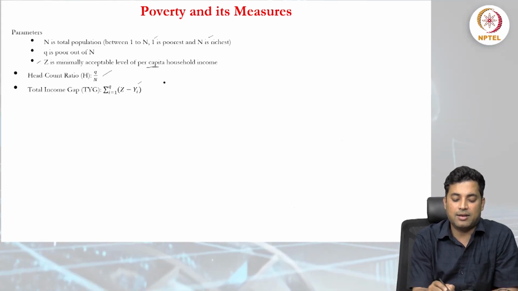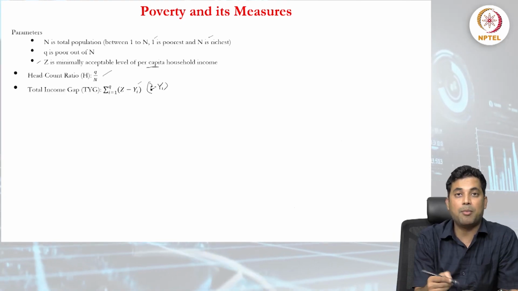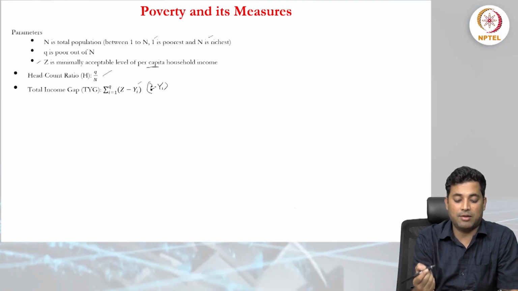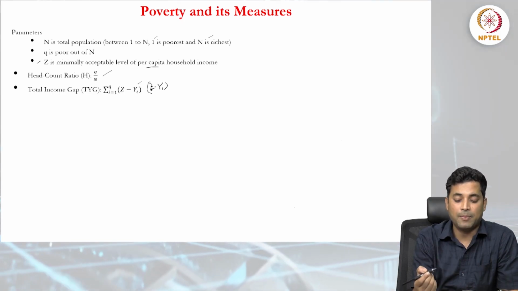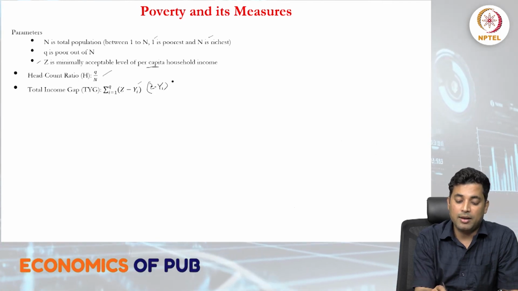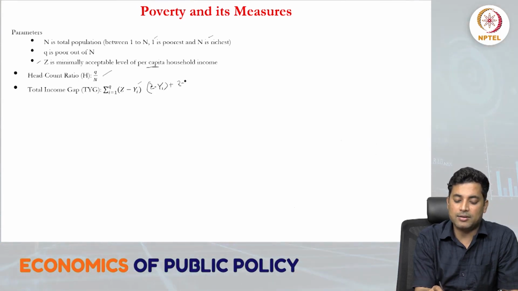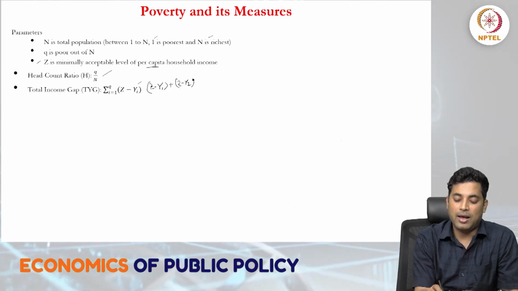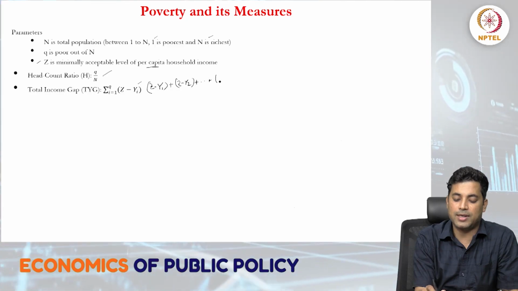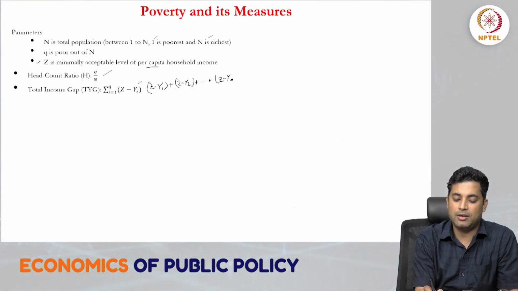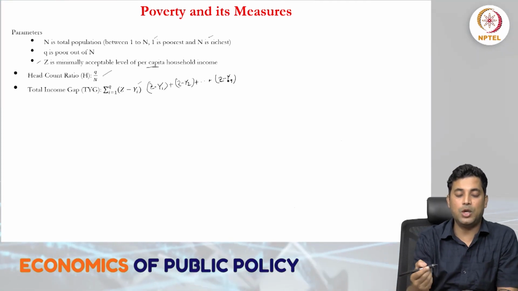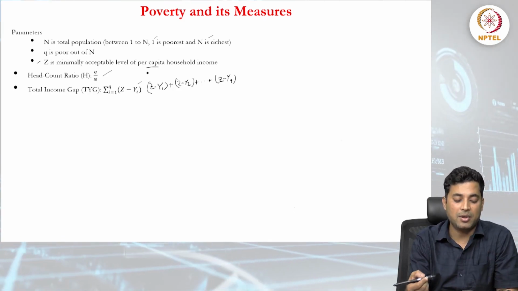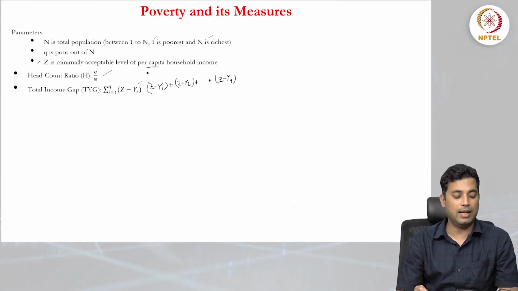So Z minus Y1 is the income gap between the minimally acceptable level of per capita income and the income of household 1, plus Z minus Y2, which is the income gap of household 2, and likewise we get Z minus Yq, the income of the qth household. We need the sum, and the sum of these income gaps is referred to here as the total income gap.